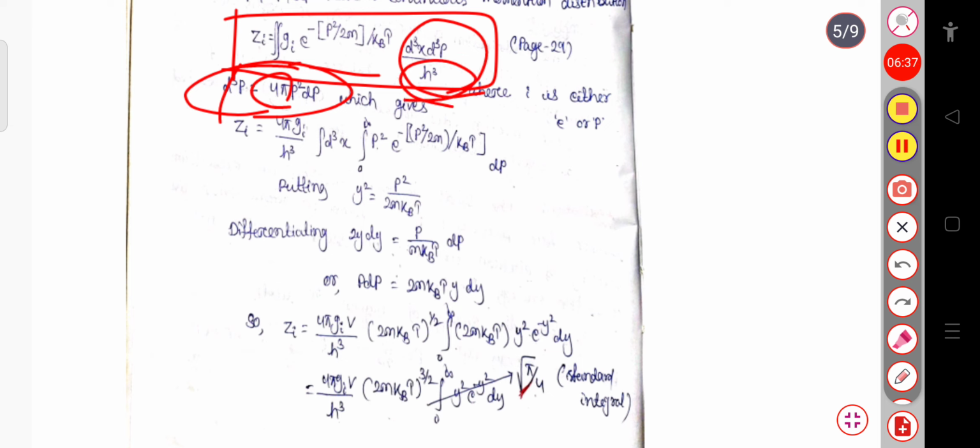Into the integration over dq, separated from the momentum expression, that is p square dp exponential of minus p square by 2m kT.